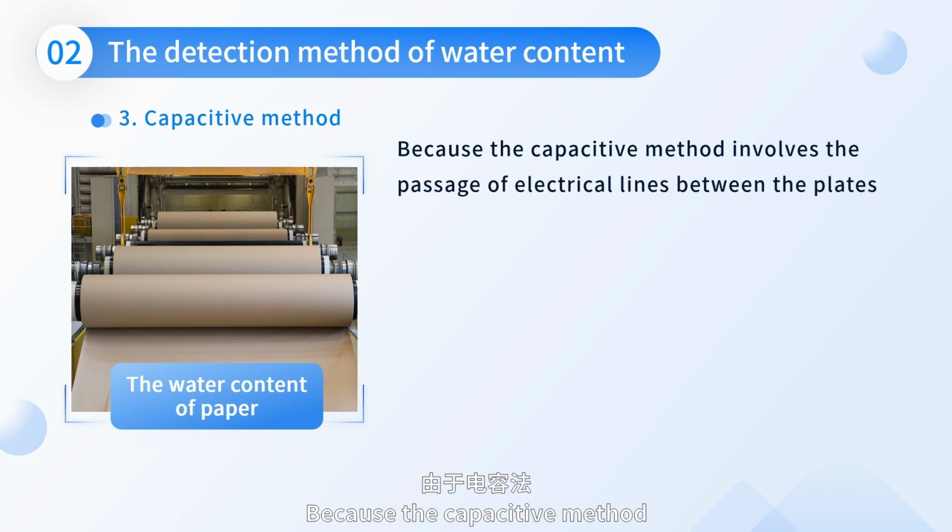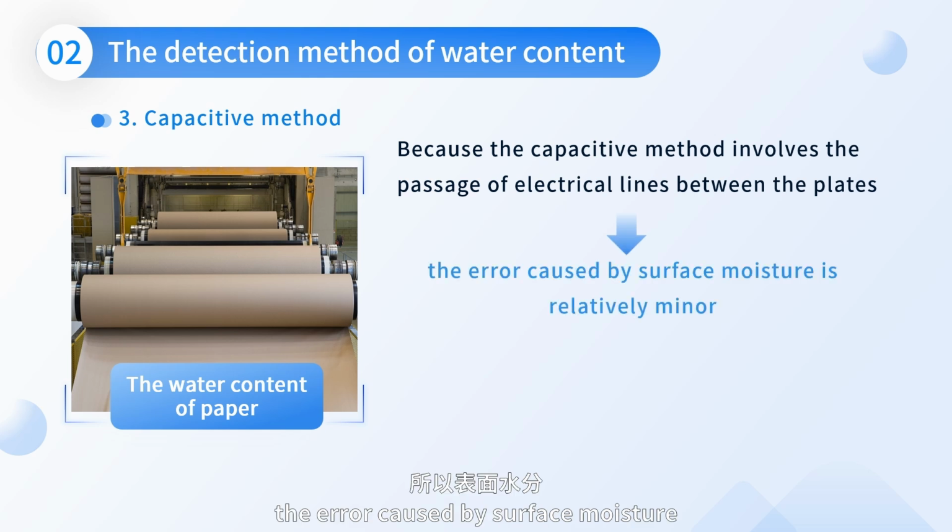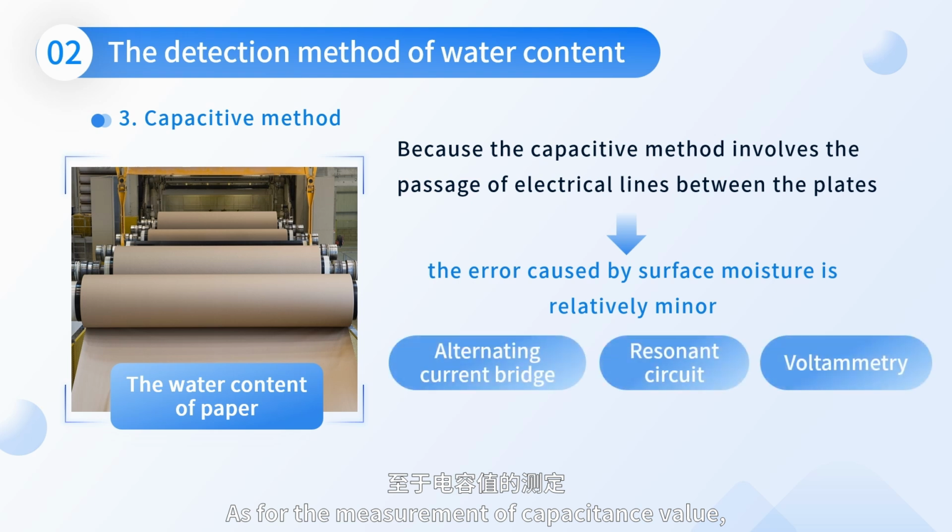Because the capacitive method involves the passage of electrical lines between the plates, the error caused by surface moisture is relatively minor.